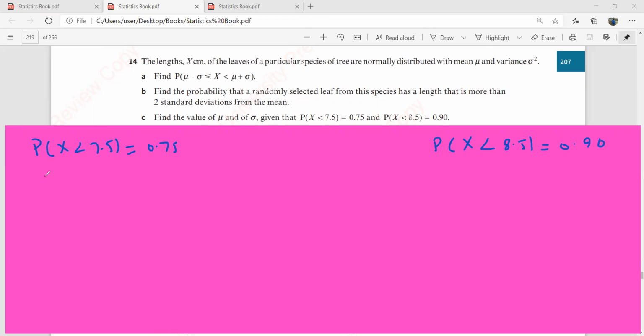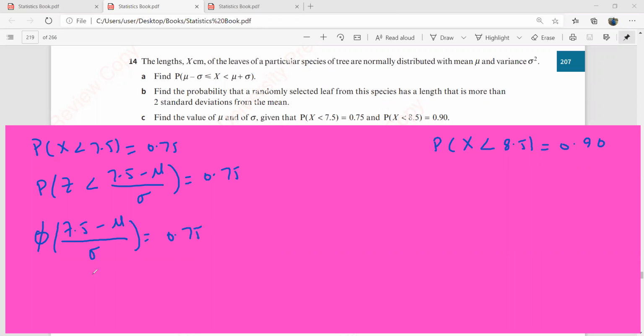So you standardize this, you get the probability z is less than 7.5 minus mu over sigma, that is 0.75. So this is phi of 7.5 minus mu over sigma, equal to 0.75. And this 7.5 minus mu over sigma is going to be phi inverse of 0.75.